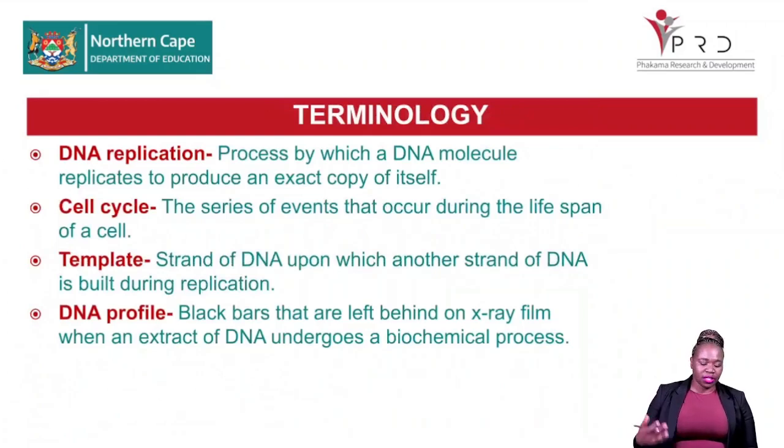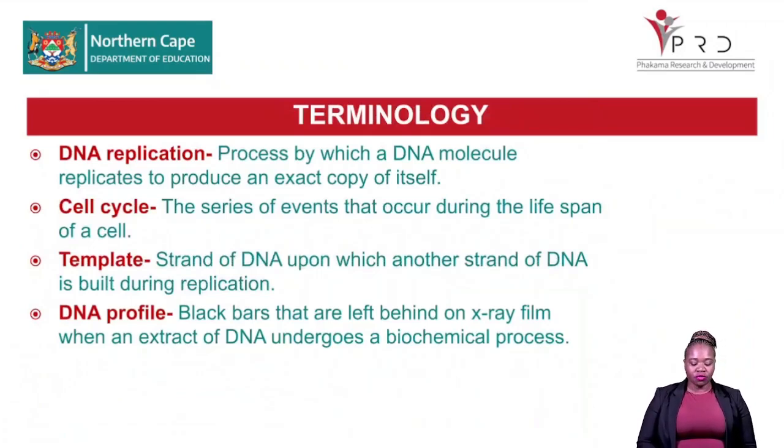Those events that make up the cell cycle are also taking place for a reason. For example, we have interphase, during which certain processes such as DNA replication take place. It is important for that to take place. And then all the other events also, as they're taking place, it is important for them to take place.